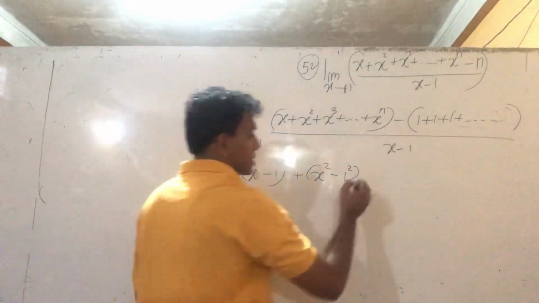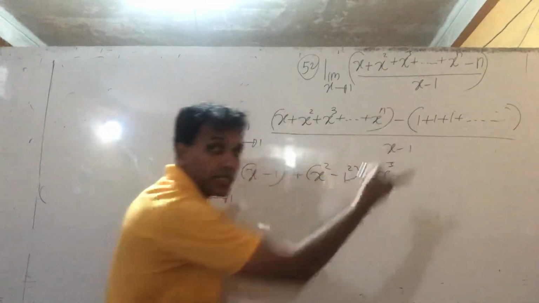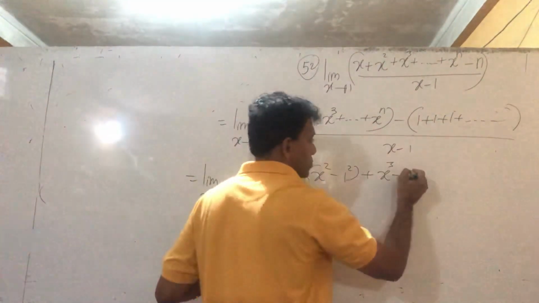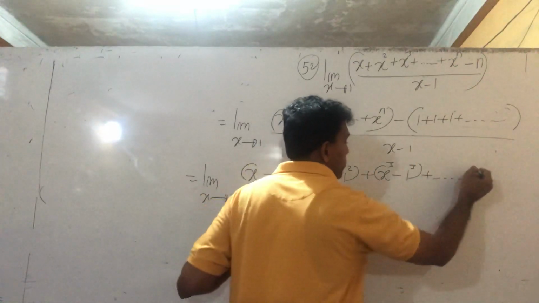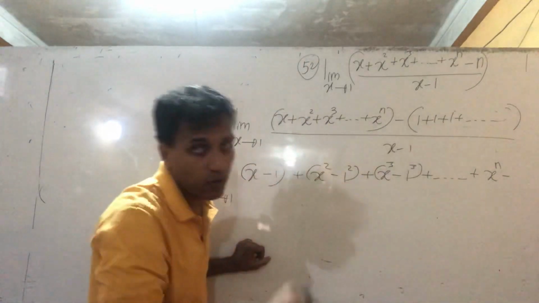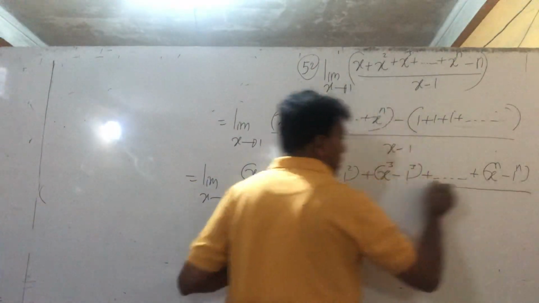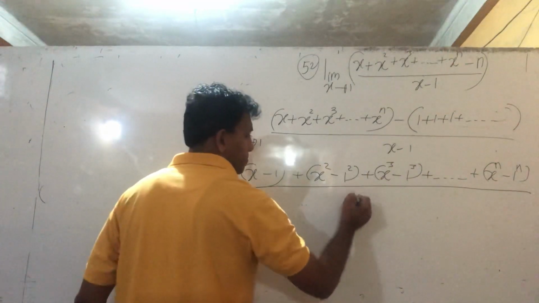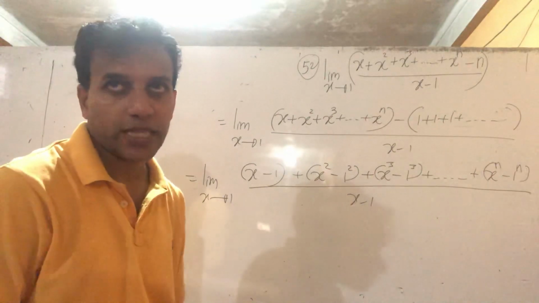Plus next one, x cube minus 1 cube. Like that you can continue up to x to the power n minus 1 to the power n. Is it okay? Nice question. Nice work. We know the idea only can get the answer by such a method.